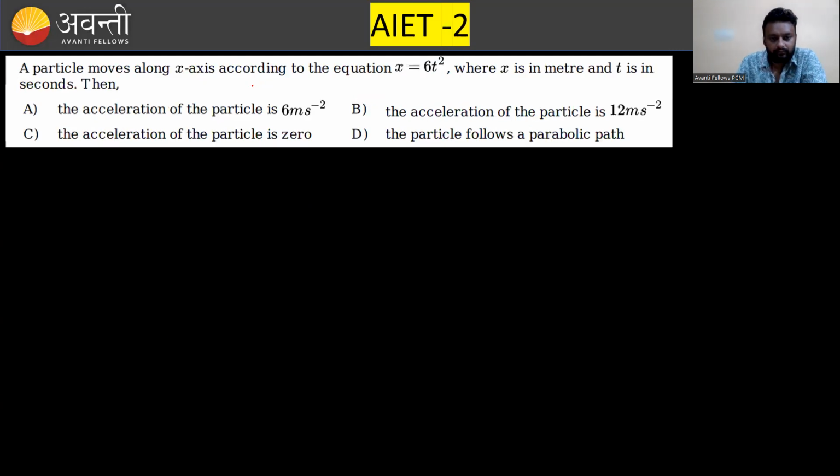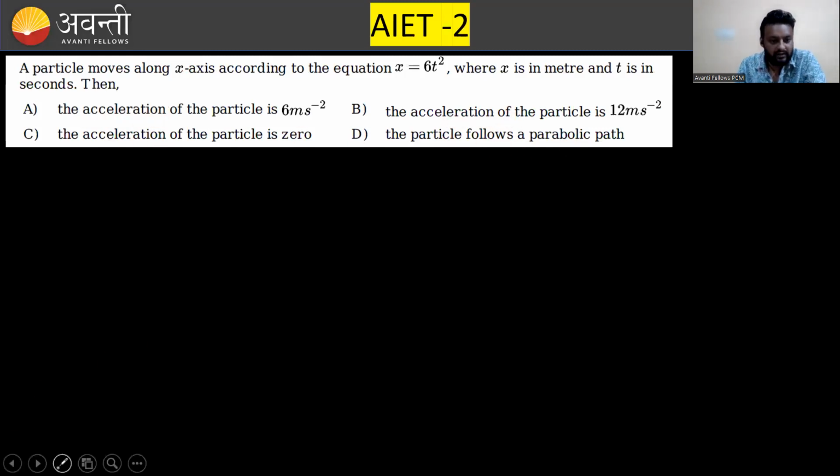Moving further. The next question is, a particle moves along the x-axis according to the equation x equals 6t squared. This is the position which varies with time, where x is in meter and t is in seconds. Now you can see all these options are asking for acceleration and the path.